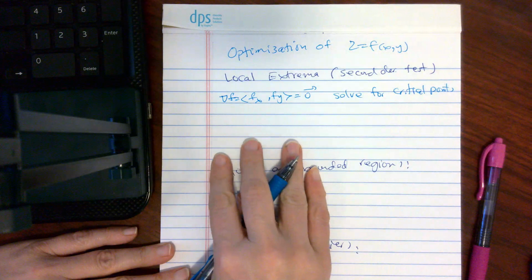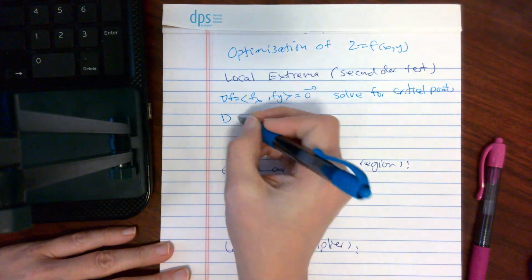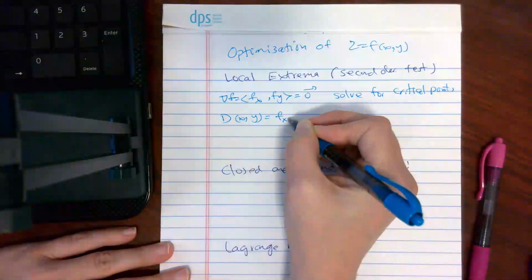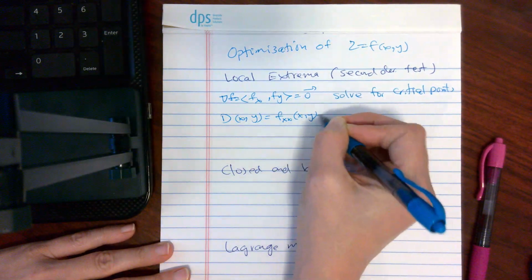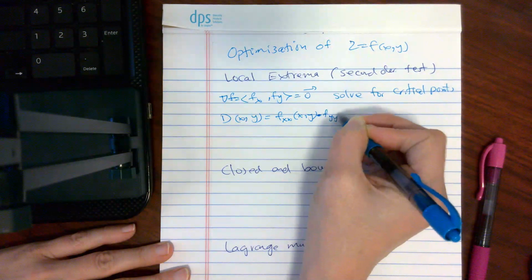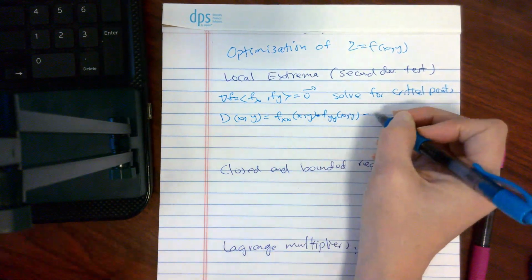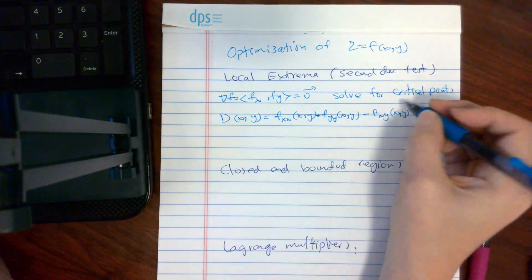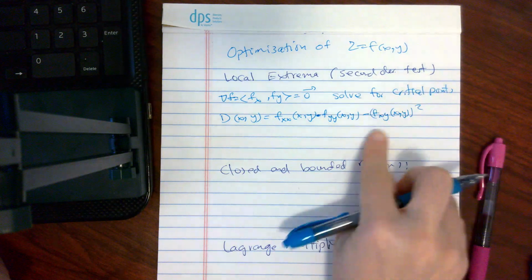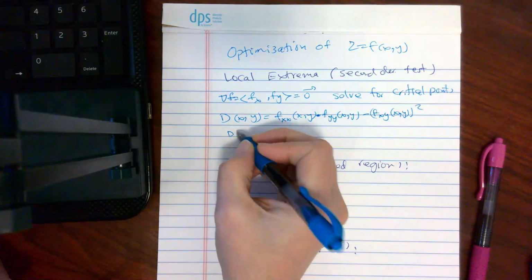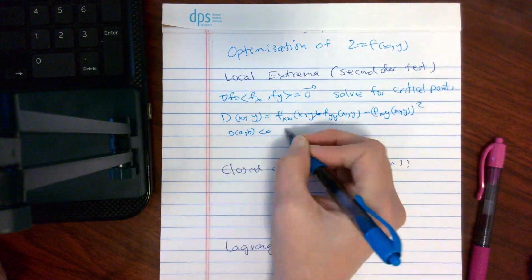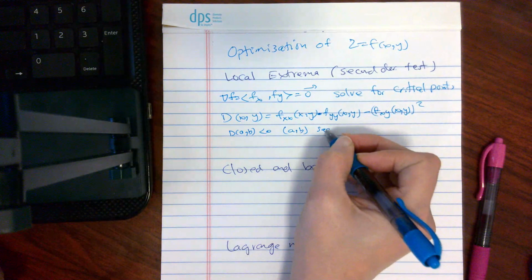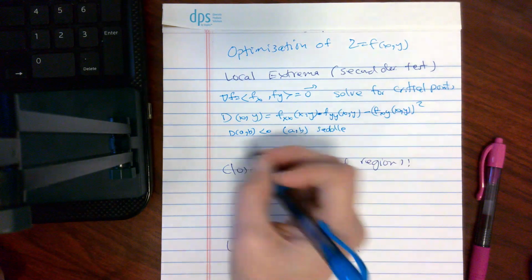Then you want to form the discriminant, which is f sub x x times f sub y y minus the mixed second partial to the power 2. If D of a and b is less than 0, the function has a saddle point at a and b.